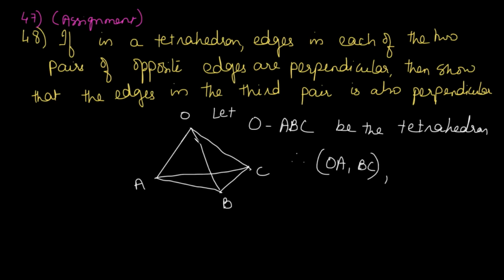Then we have one more pair, that is OC and AB, and OB and CA. So these are the opposite edges.